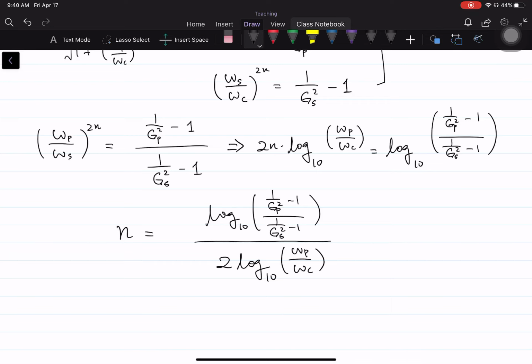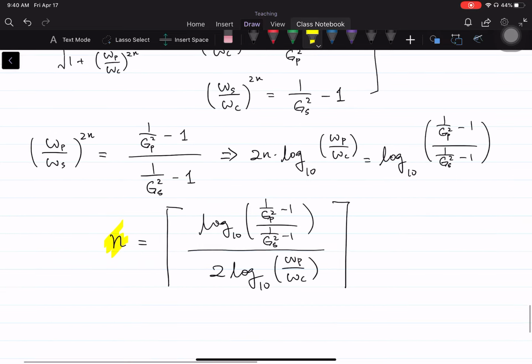But n is the order of your filter, so n must be an integer. So you usually take the ceiling, the smallest integer greater than or equal to the number in the middle. That will give you one of the parameters of the filter.